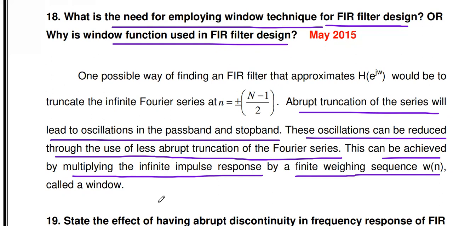So instead of abruptly truncating the HD of n, the HD of n is multiplied with W of n, and we get H of n. For that H of n, we may not get any oscillation in the pass band and stop band. That is, the Gibbs phenomenon is cancelled. That is the need of the windowing function in FIR filter design.